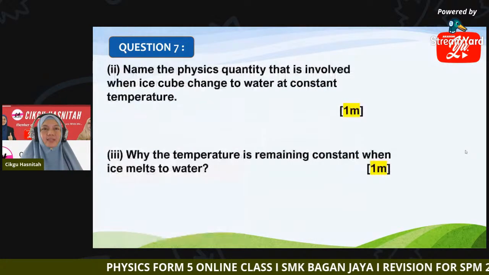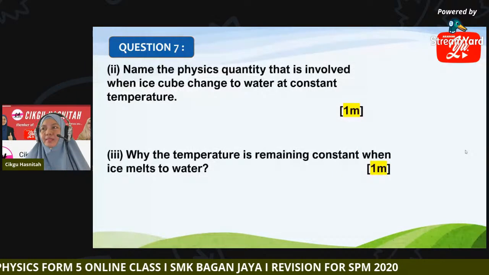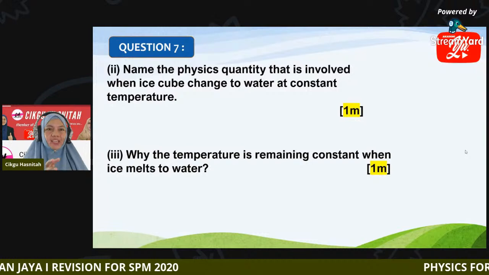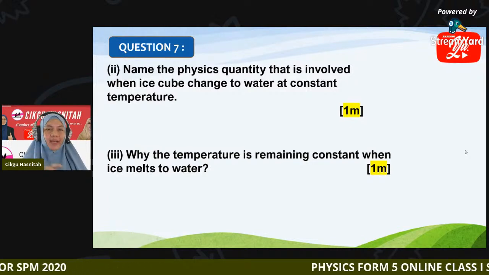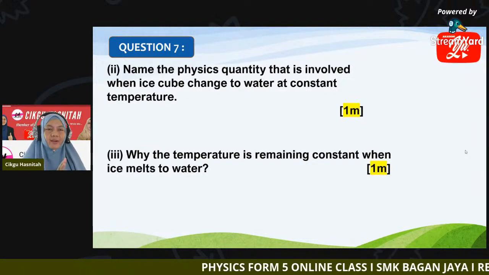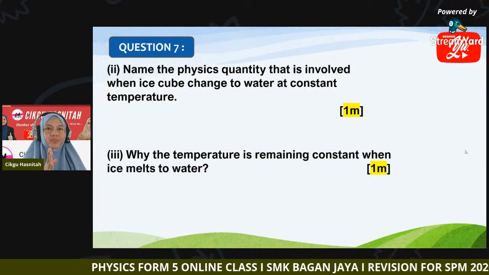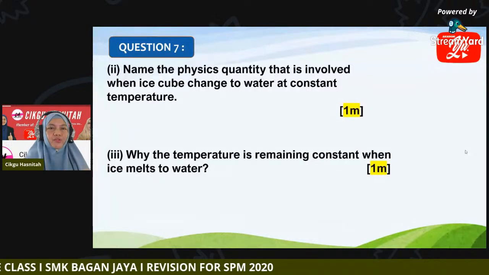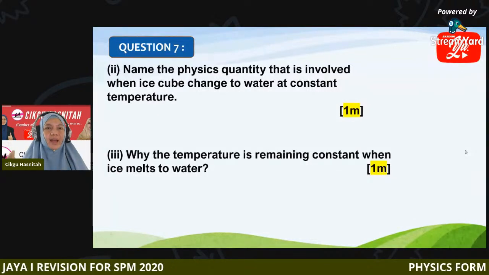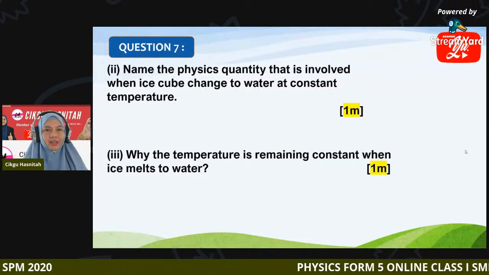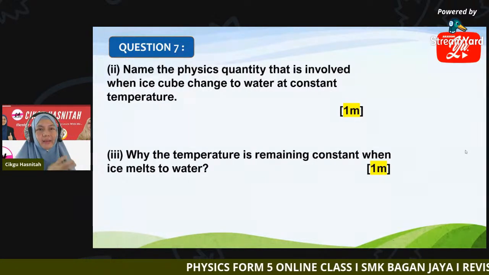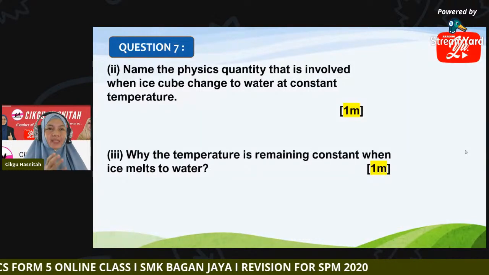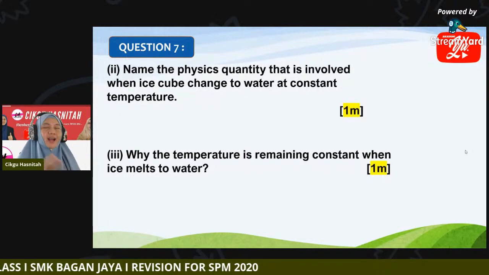Okay, second. Name the physics quantity that is involved when the ice cube changes to water at constant temperature. What is the name of the physics quantity involved? If you followed my class last Sunday, I discussed heat.